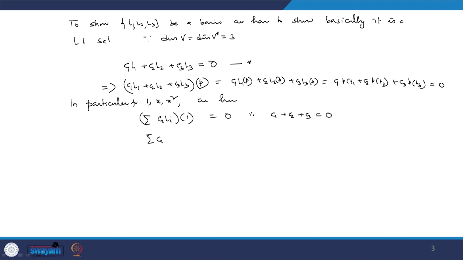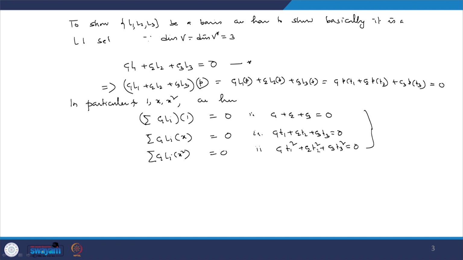Sigma ci Li operating on x has to be 0, that is c1 t1 plus c2 t2 plus c3 t3 equal to 0, and sigma ci Li on x square equal to 0, that is c1 t1 square plus c2 t2 square plus c3 t3 square equal to 0.